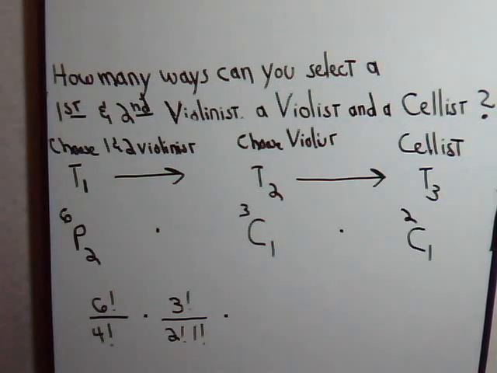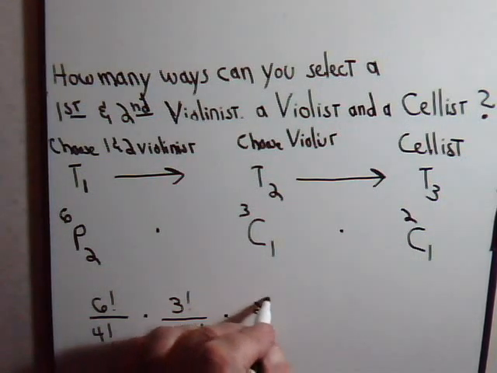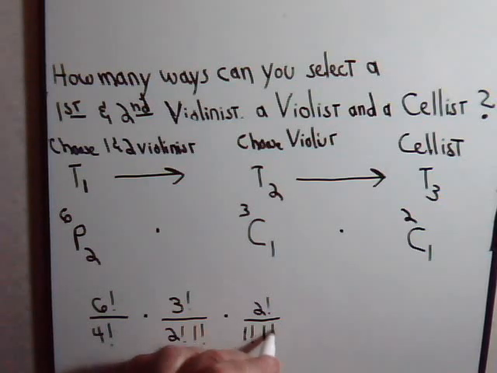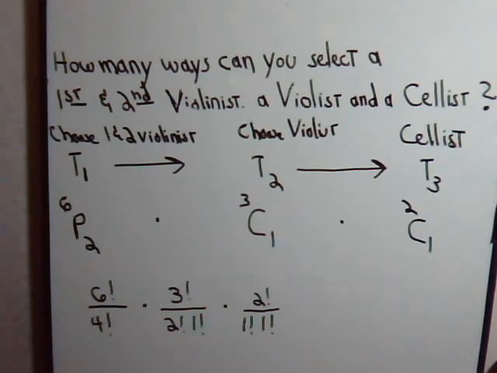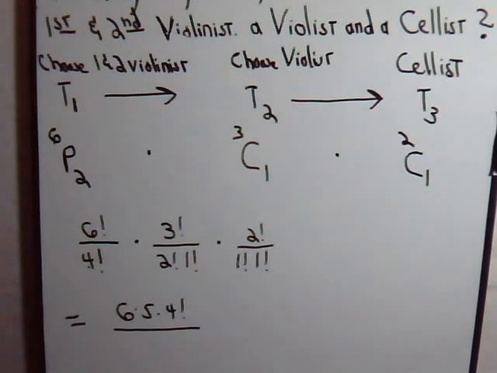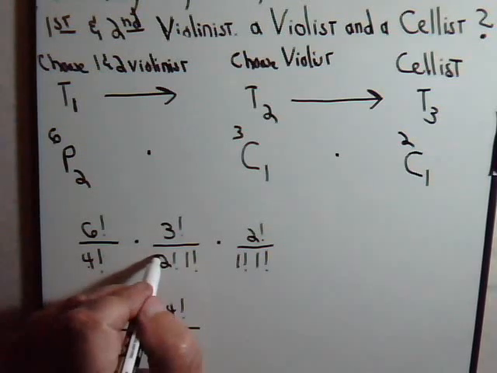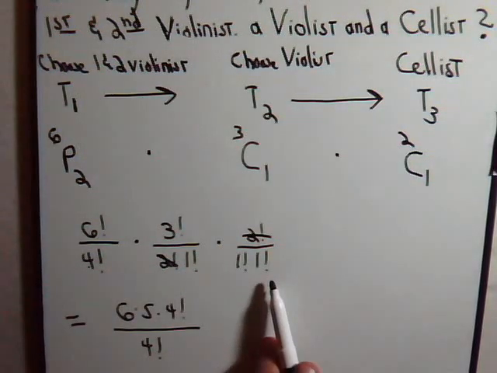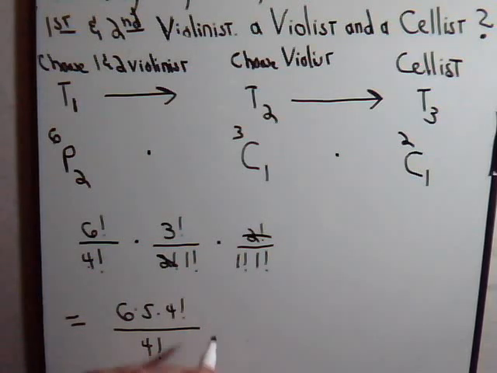And again, let's just keep everything formal. Here we have 2 factorial divided by 1 factorial times 1 factorial. So here this will be equal to 6 factorial, that's 6 times 5 times 4 factorial divided by 4 factorial. Here we're going to have these cancel. This is just 1. 3 factorial, that's 6. So we have this.